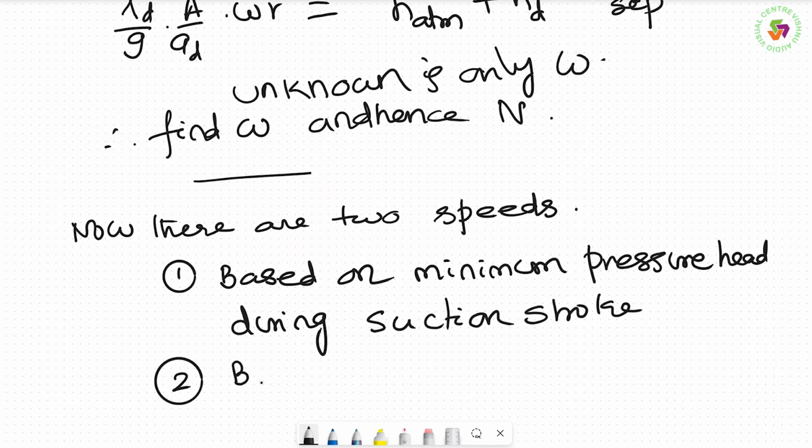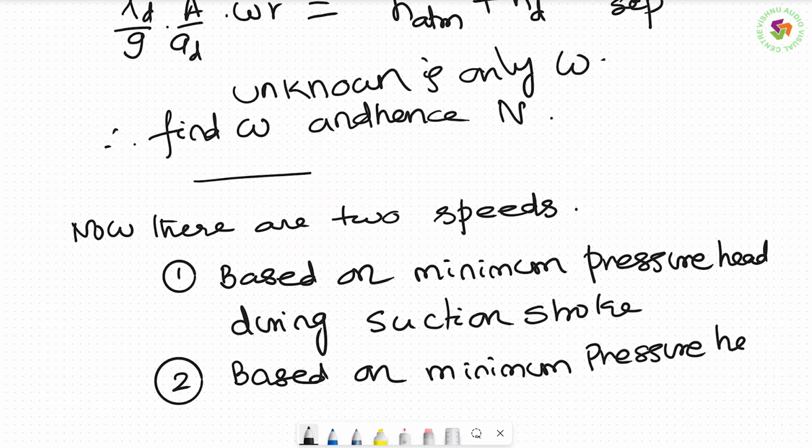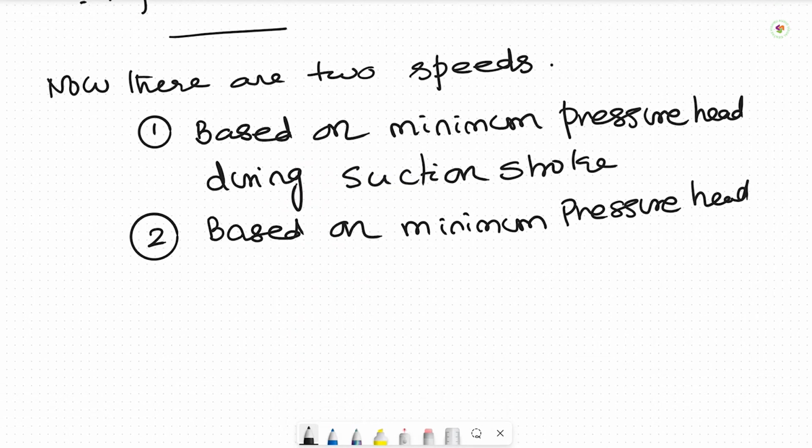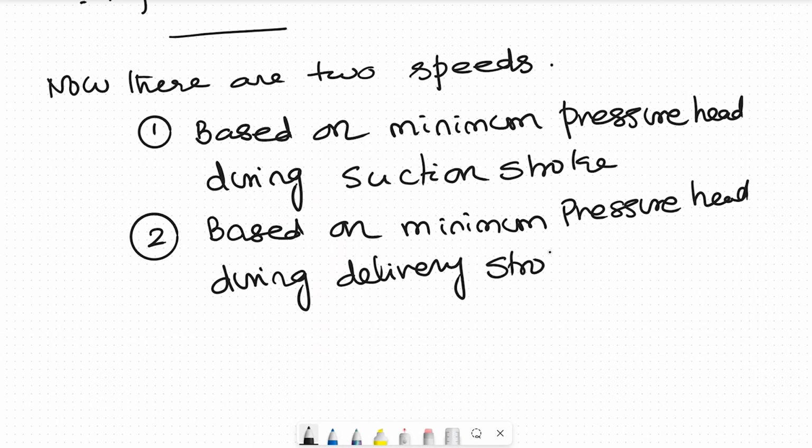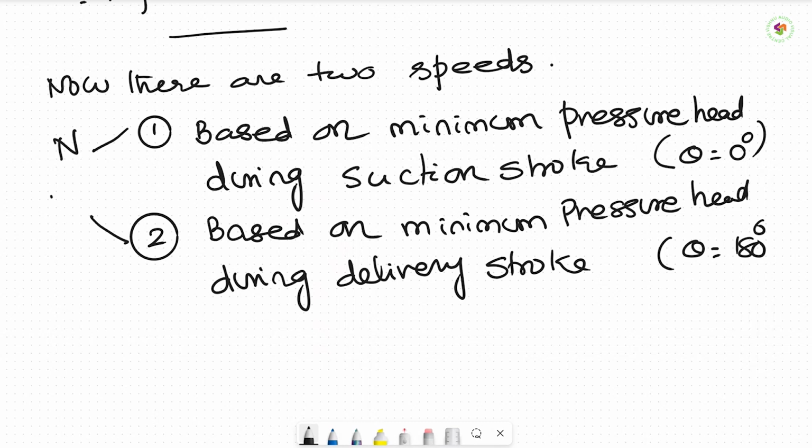Second is based on minimum pressure during delivery stroke. I told already this will be at the beginning and this will be at the end. Right? There are two speeds. This is one N, this is another N.